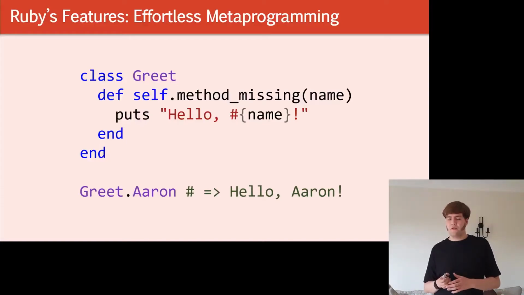So, if we try to call the Aaron method of the greet class, we never actually defined a method called Aaron, so methodMissing handles it and returns the string hello Aaron. This means that in Ruby, you can effectively define a wildcard method. There are many uses for something as powerful as this, most of them being pretty cursed. We'll look at one particularly fine example later.